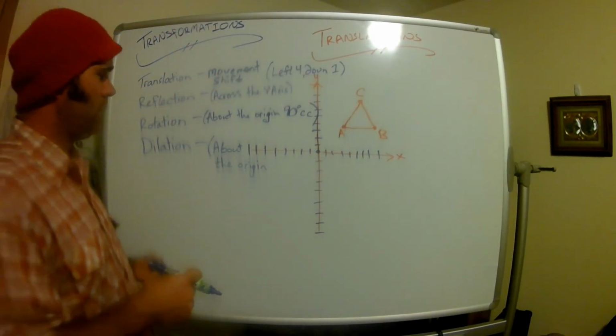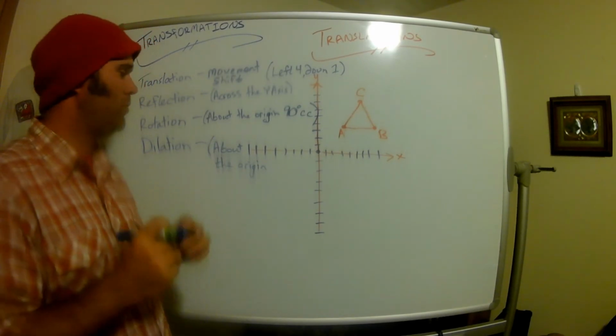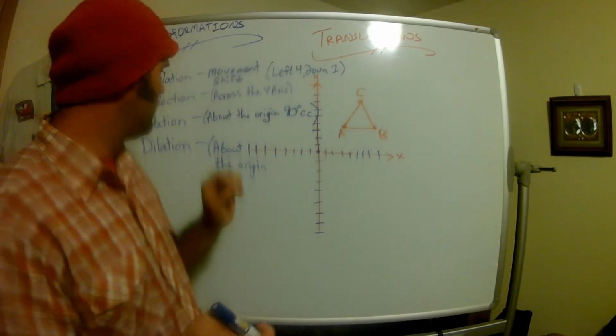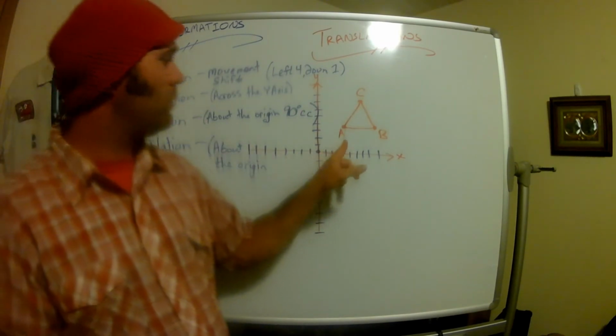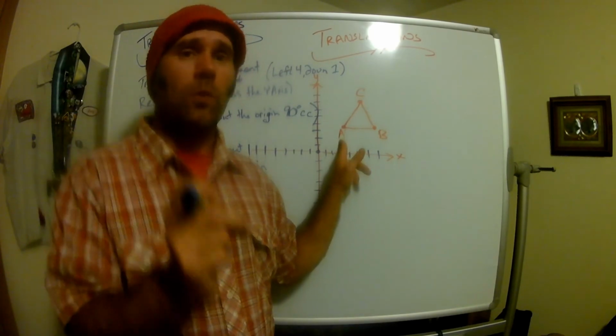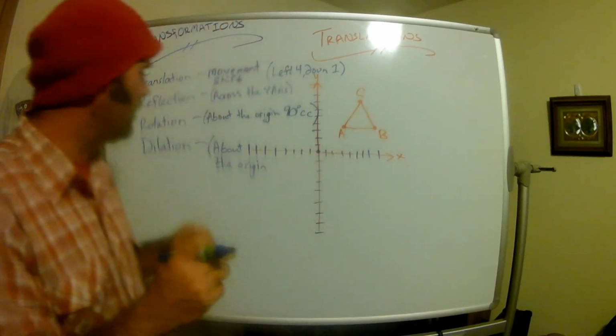But we don't have to. There's an easy method that I will show you to identify a new point as your point of rotation or dilation, and then turn it into the origin, and then you can do what we've already seen. But we'll get there.